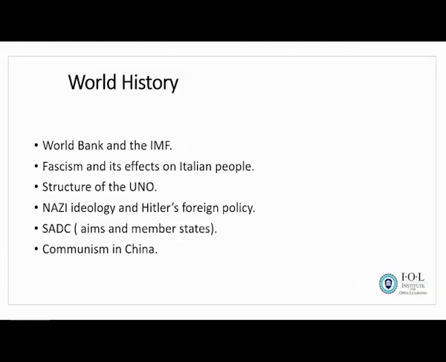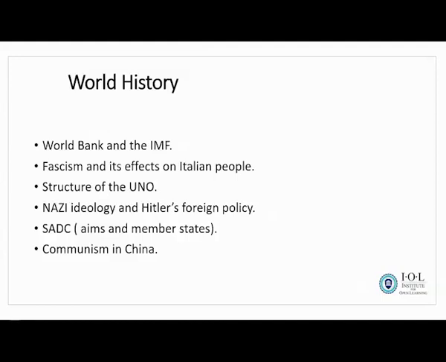So find out by evaluating the effect it had on the Italian people. And this does not only apply to the Italian people, because it also affected people in the world, in Europe at large. So find out what effect the fascist party had on the Italians as well as on the Europeans at large.